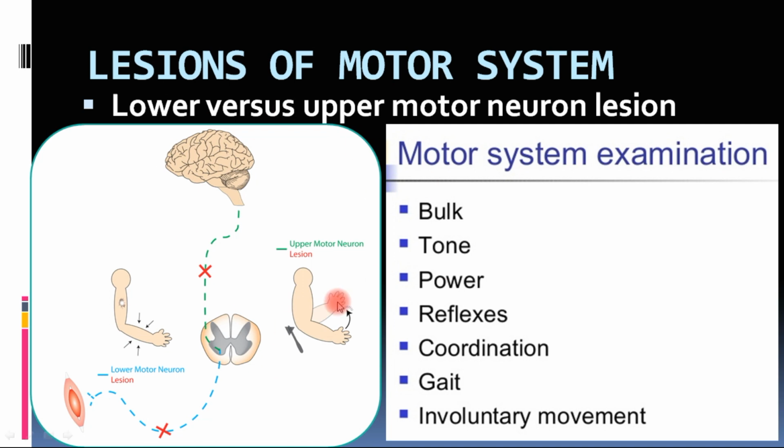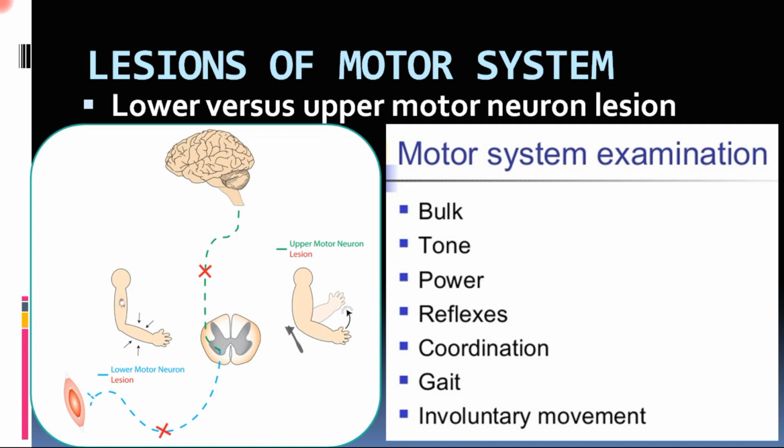So, this can be differentiated when we examine the motor system on the basis of the bulk of the muscle, the tone of the muscle, the power or voluntary control over the muscle, reflexes, that is the deep reflexes and superficial reflexes, the coordination, which checks the cerebellum, the gait, again checking the cerebellum, and involuntary movements if any are present, like in cerebellum and basal ganglia disorders.